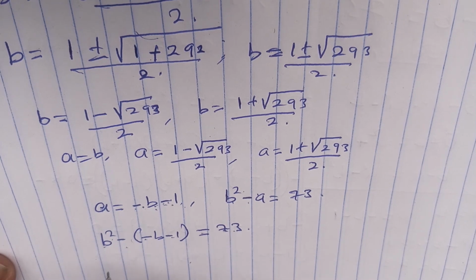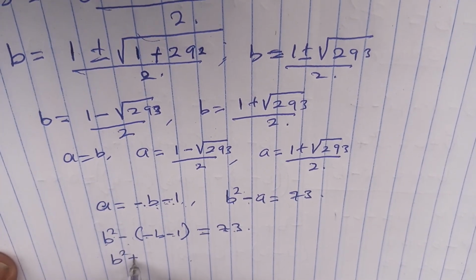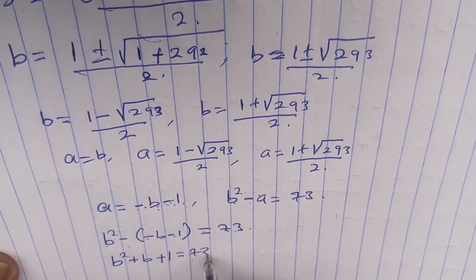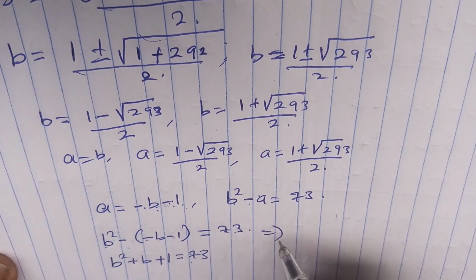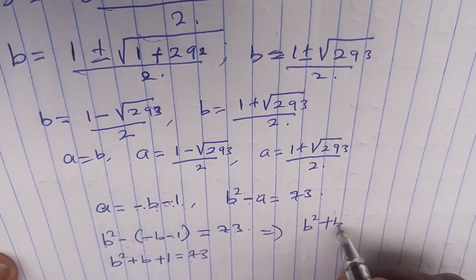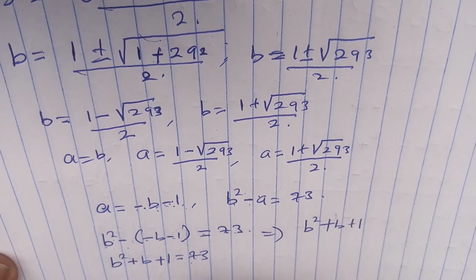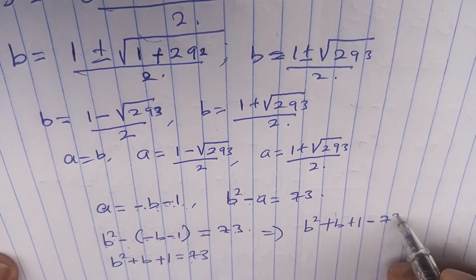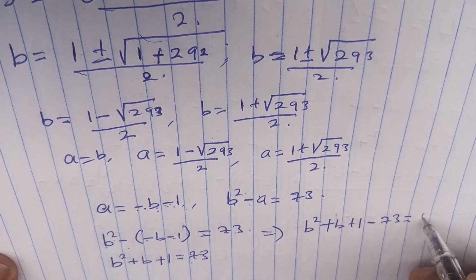So if we further break this down, we can have this to be b square plus b plus 1 is equals to 73. So if you bring this to this other side, we're having minus 73 is equals to 0.